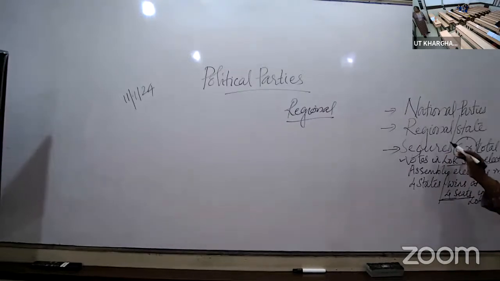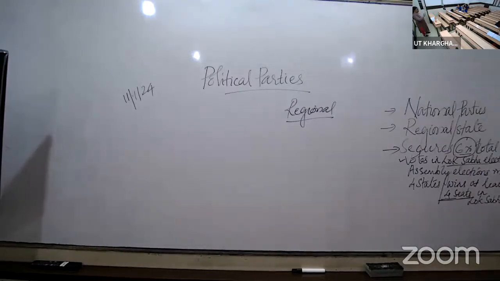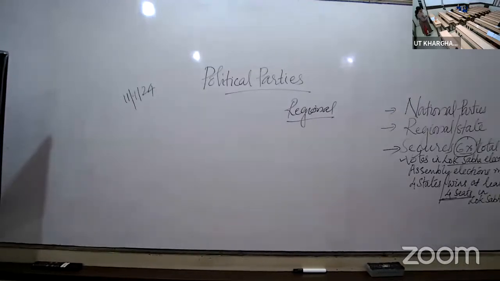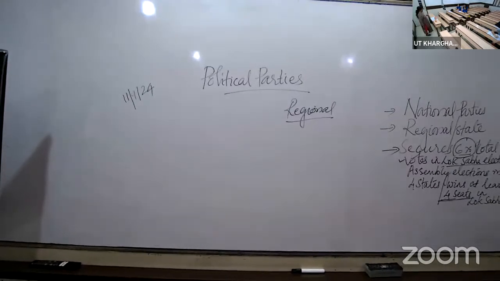Now, we have studied there are two types. When we studied national parties, you told some examples also, that national parties have long-term policies, and those are also related to the nation. Long-term policies means they will be achieved within a few years.